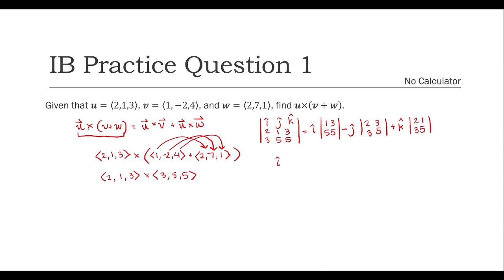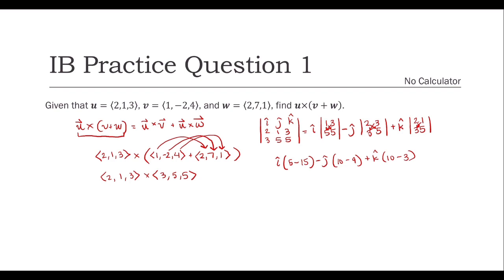So we'll have i times 1 times 5 is 5, minus 3 times 5 is 15, minus j times 2 times 5 is 10, minus 3 times 3, which is 9, plus k times 2 times 5 is 10, minus 1 times 3 is 3.